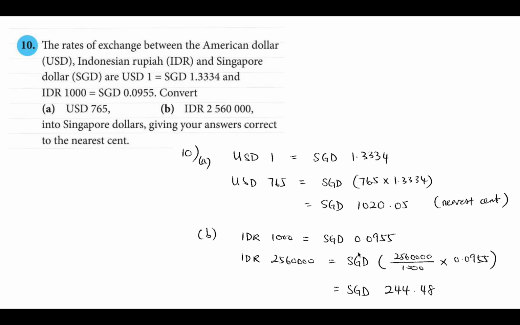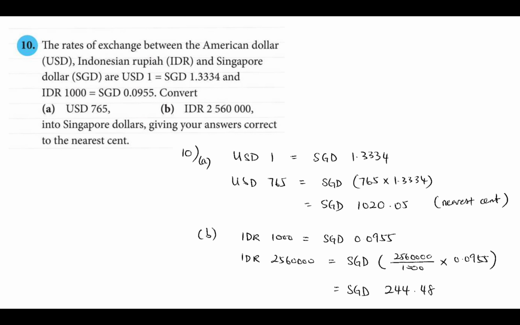Right, question 10, an exchange rate type of question. So we have the rates of exchange between American dollar USD, Indonesian rupiah IDR, and Singapore dollar SGD. On a certain given day, USD $1 is SGD $1.3334, and IDR 1000 is SGD 0.0955.